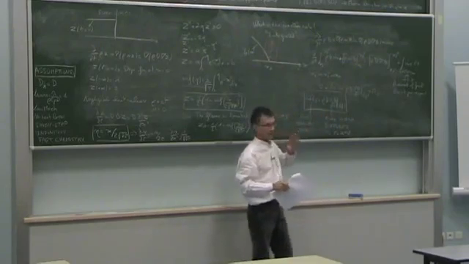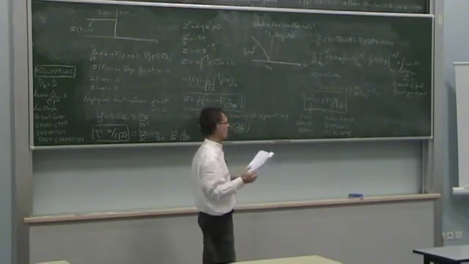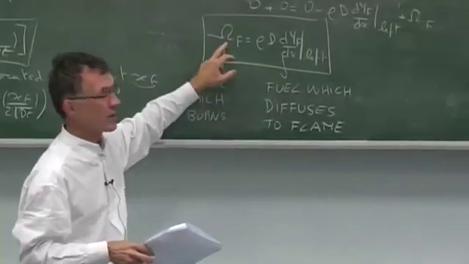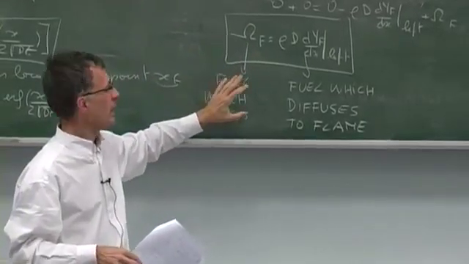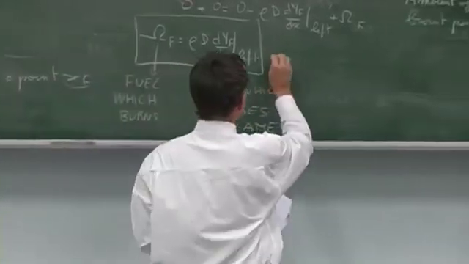And so you remember when we did the same expression for premixed flames, we had something depending on the diffusion and on the reaction. Here, what this really tells us is that the amount of fuel that you can hope to burn in your system is controlled completely by diffusion. This is why we call it a diffusion flame.